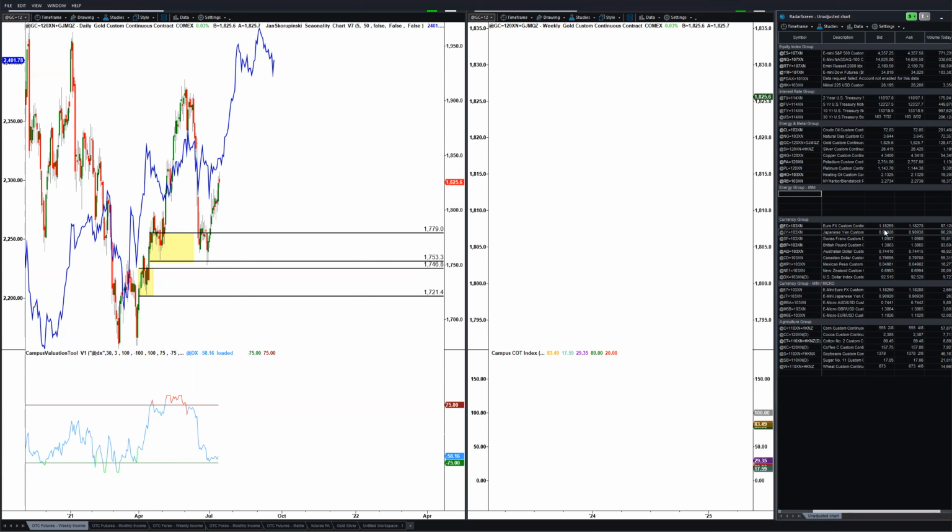It's quick, and it's very simple. The E-mini crude oil is QM, natural gas is QN, E-mini heating oil is QH, and E-mini gasoline is QU.